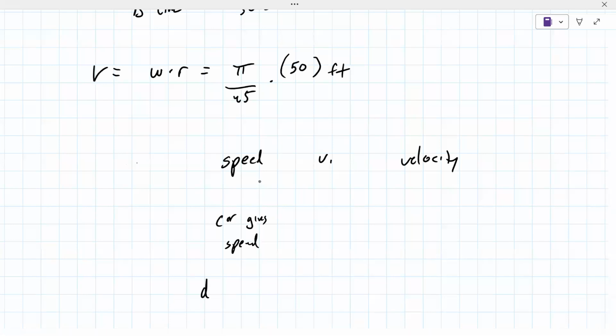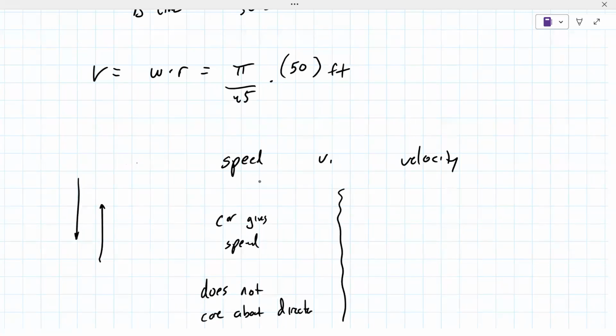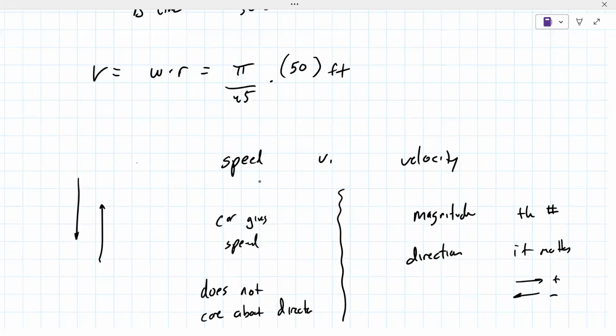Speed does not care about direction. If you and I are going in opposite directions down a road, we can have the same speed. Velocity has both what's called magnitude, which is the number, and direction, which means it matters whether you're going forward or backwards, positive or negative.